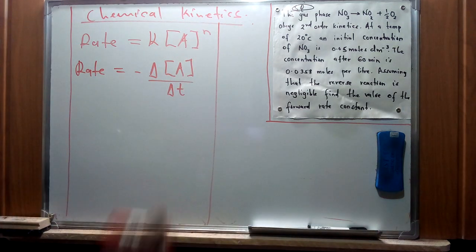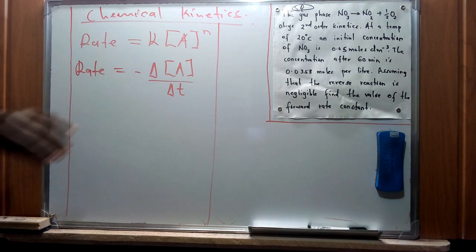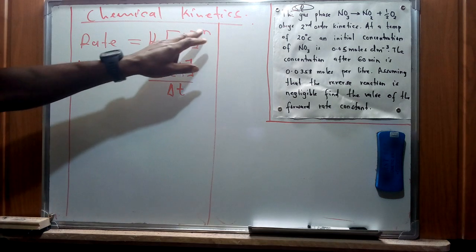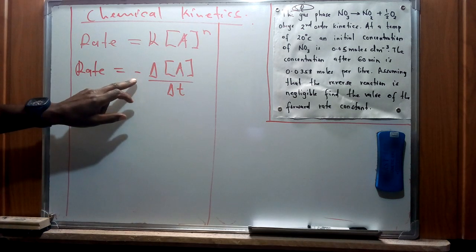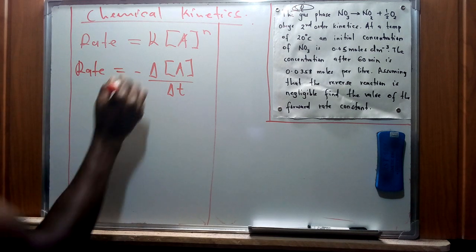We can see that the two equations relate to the concept of rate. Therefore, I can equate them and say that k[A]^n is equal to the change in A over the change in t, and I've given this one a negative sign.